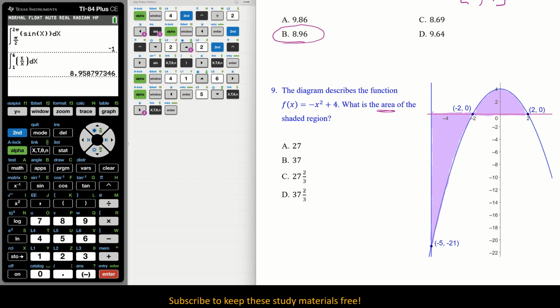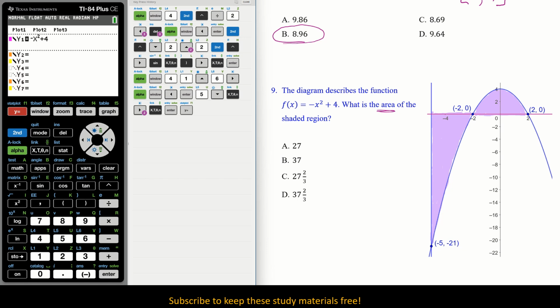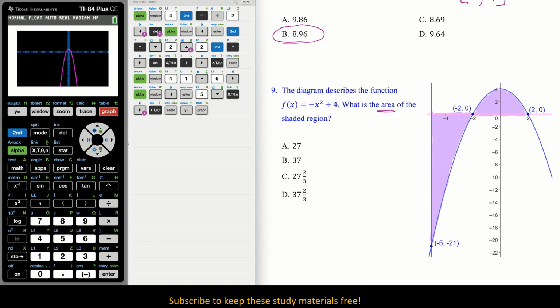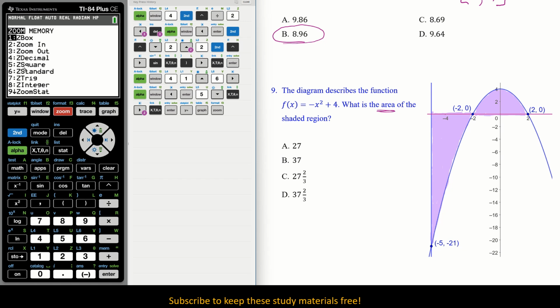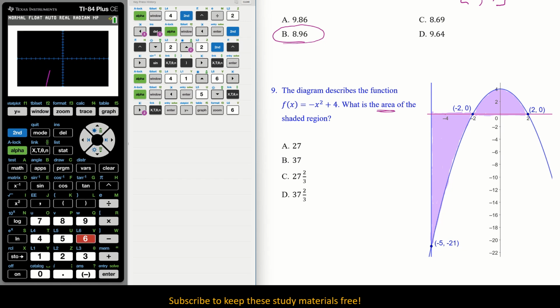Okay, so what we need to do is go to our y equals. I already have it populated. So let's graph it. Oh, we need to zoom in a bit. Let's just do the number 6 standard and see if it pops. There we go.